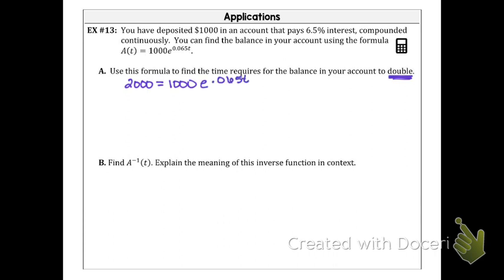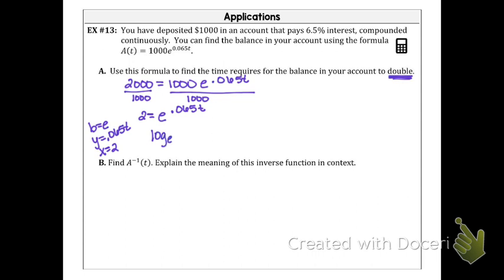And if I want to solve for t, I've got to get that exponential part by itself, so I'm going to divide by 1,000. So we get 2 is equal to e raised to the 0.065t. And I'm in exponential form, so I can change it to log form. So I know my base is e, my y is 0.065t, and my x is 2.